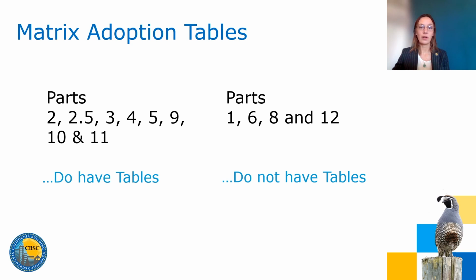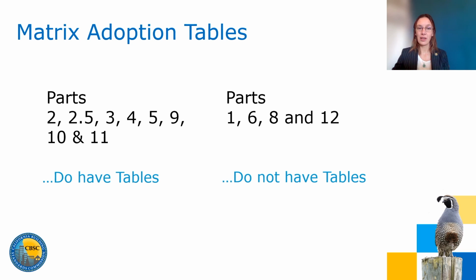Now that you are familiar with the different types of California amendments, let's talk about a special feature added to Title 24 to help code users: matrix adoption tables that we call MATs.